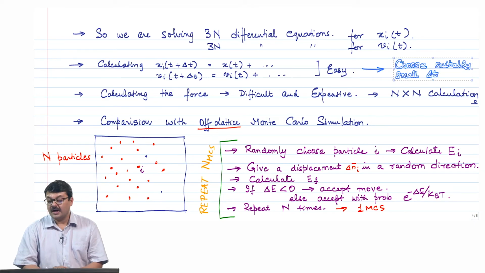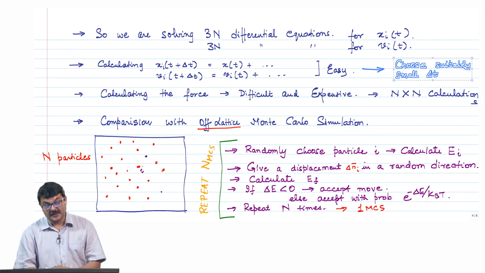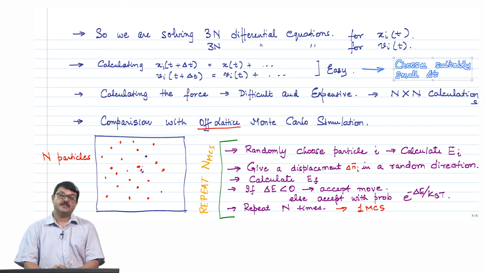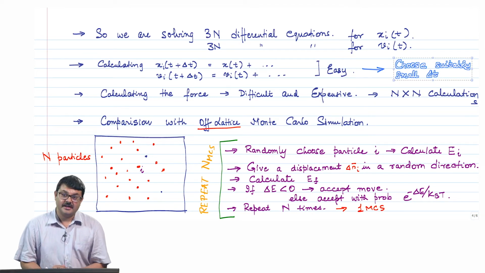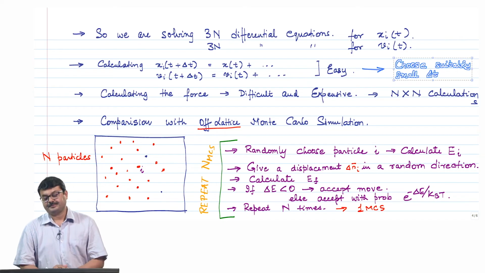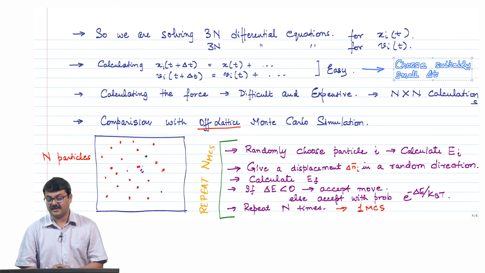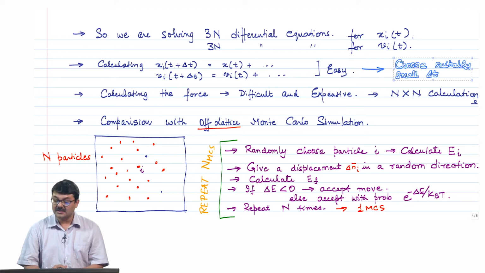And the value of delta t has to be small enough that Newton's equations are integrated correctly, and of course, we will check whether they are being integrated correctly or not.